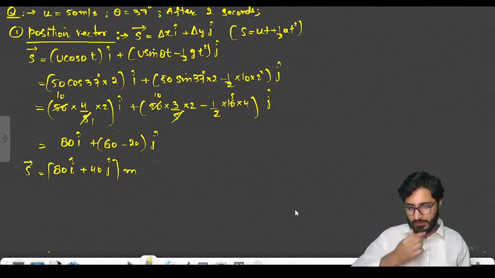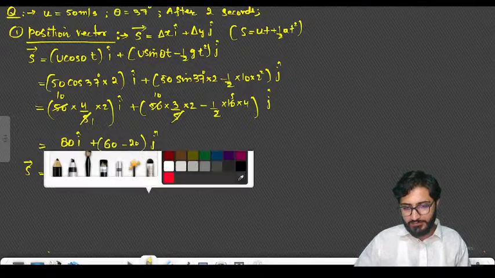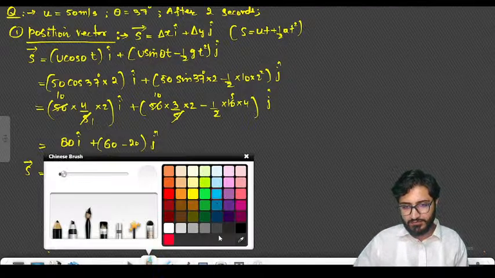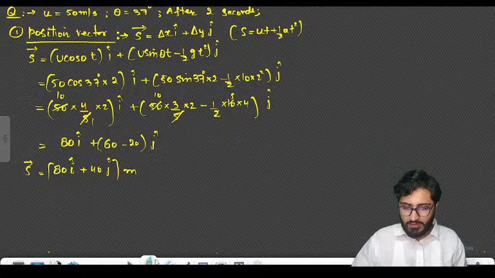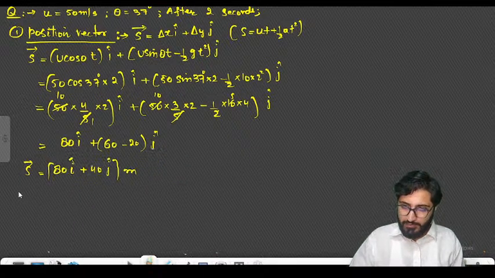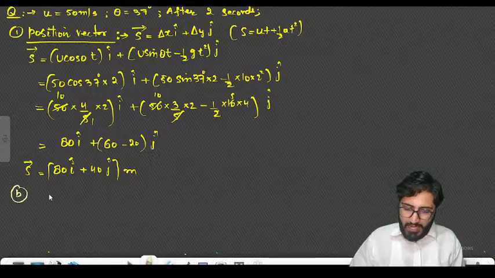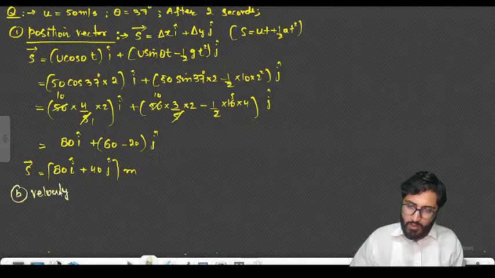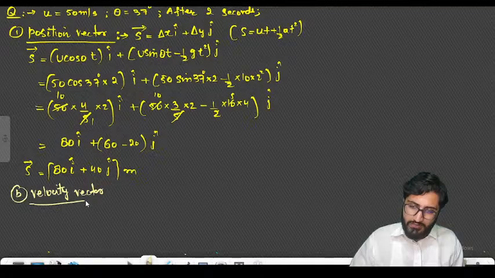Second part. Part B. Part B is the velocity vector. So what is the velocity vector?